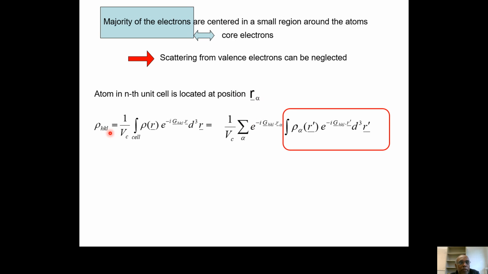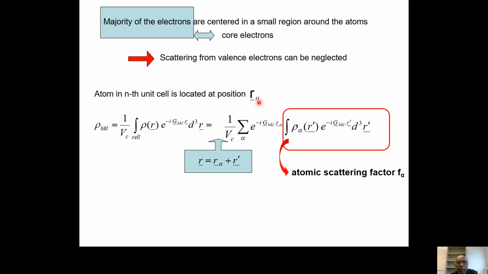So now if I write this as my rho HKL, then I can write this one as rho R, coming from R prime. But this R prime is R alpha plus that position vector, right?